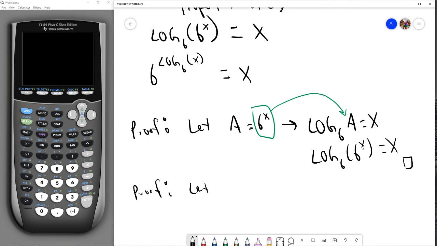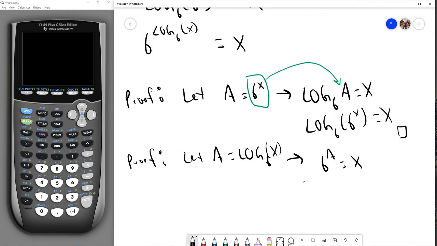And then for our second proof, it'll be something similar. Let's let a equal log base b of x. Then we have b to the a is equal to x. Alright. But notice, since a is equal to log base b of x, we can take this whole thing and just plug it back in there.